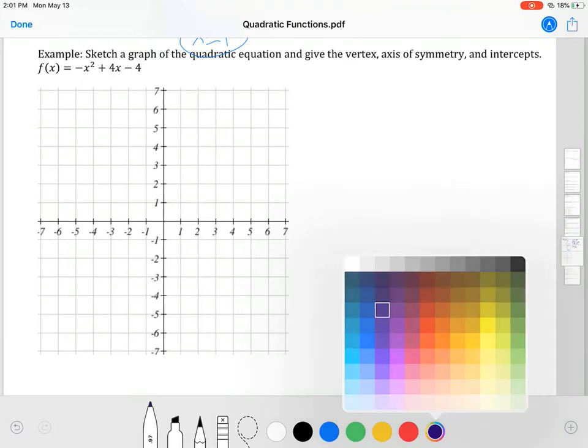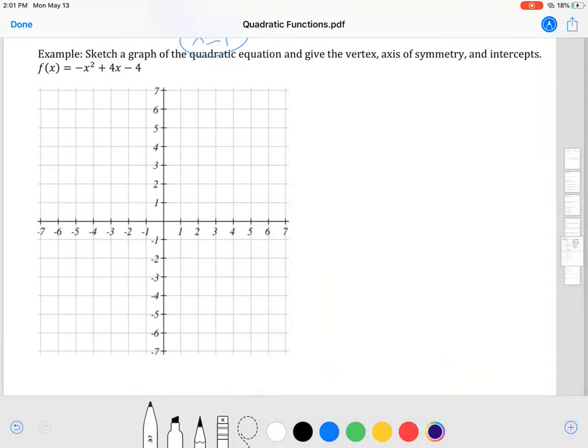Okay, next example here, I have negative x squared plus 4x minus 4. So I know that this is my y-intercept because that's my value of c. So I know for sure it goes through that point right there, negative 4 on the y-axis.